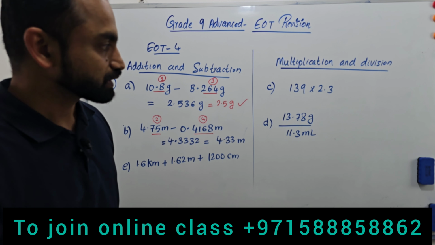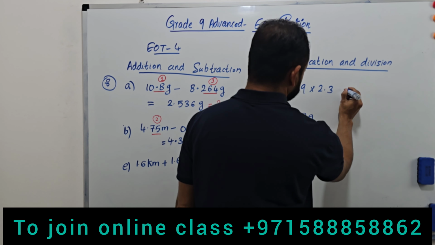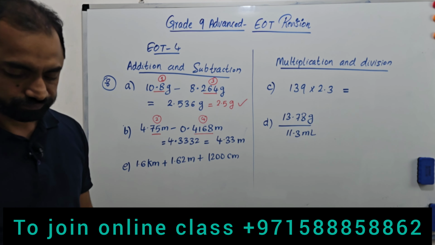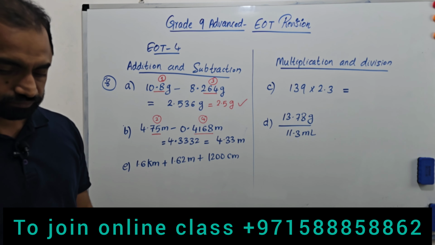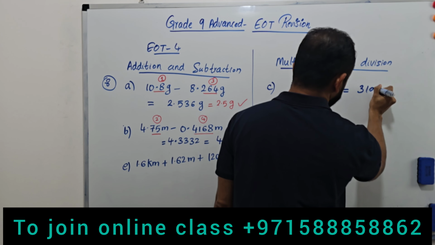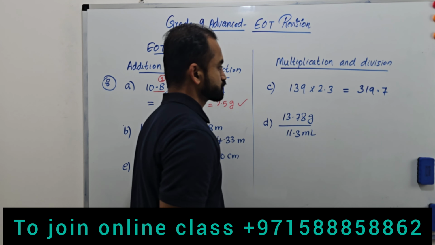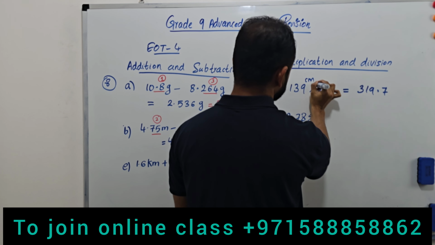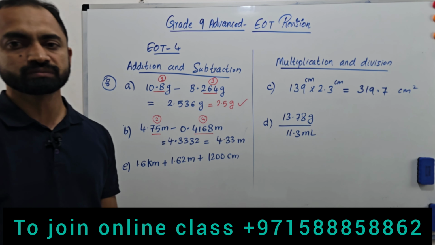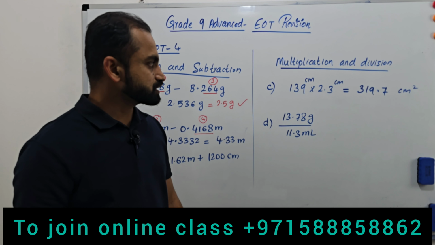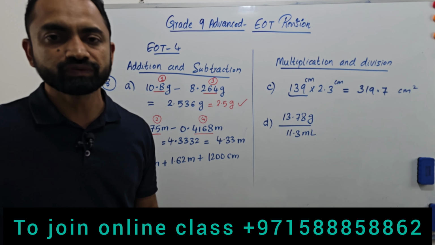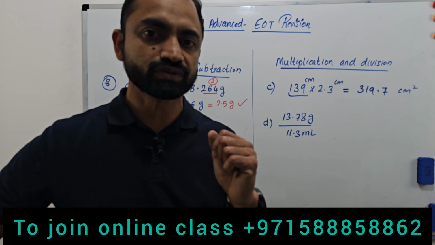The next we will do C. You will do it, right? I got the answer as 319.7. All this is in centimeter, and this also centimeter, so centimeter square. See, multiplication and division we count the number of significant figures, not the decimal place.